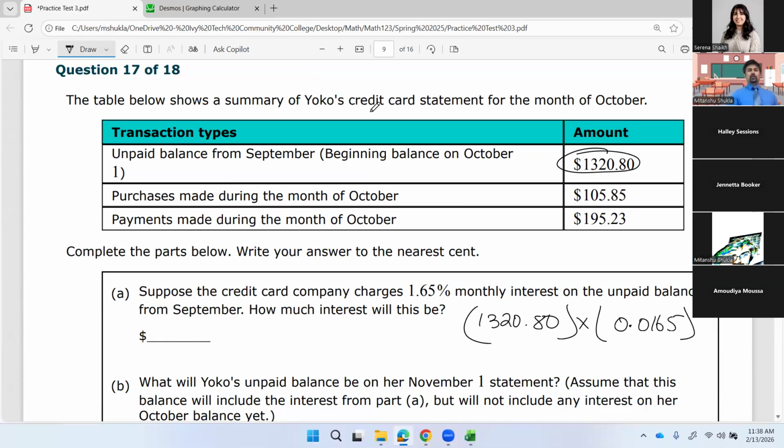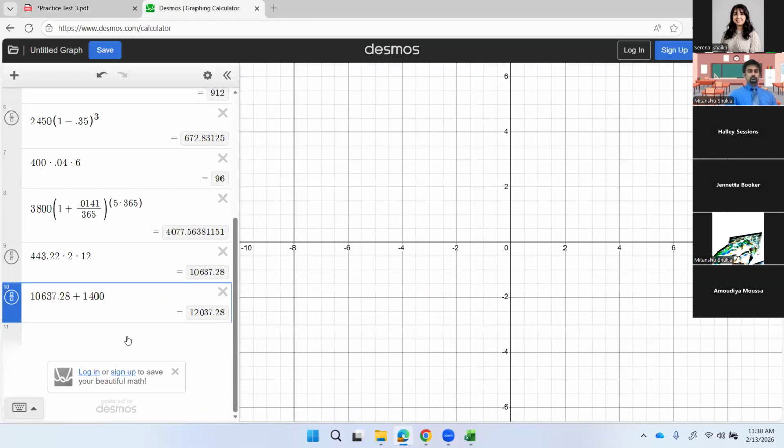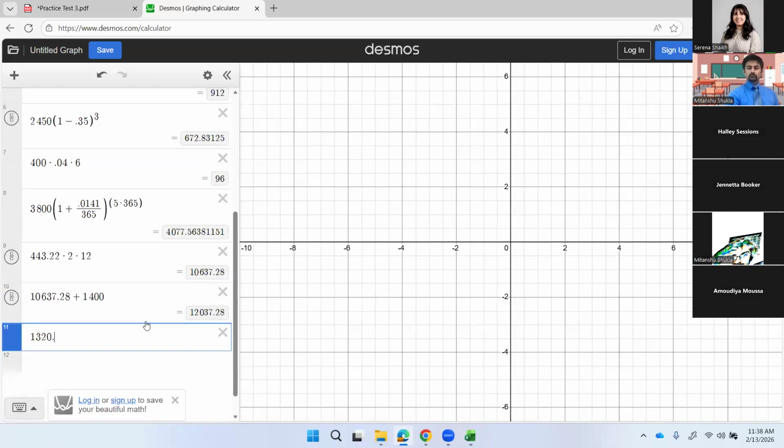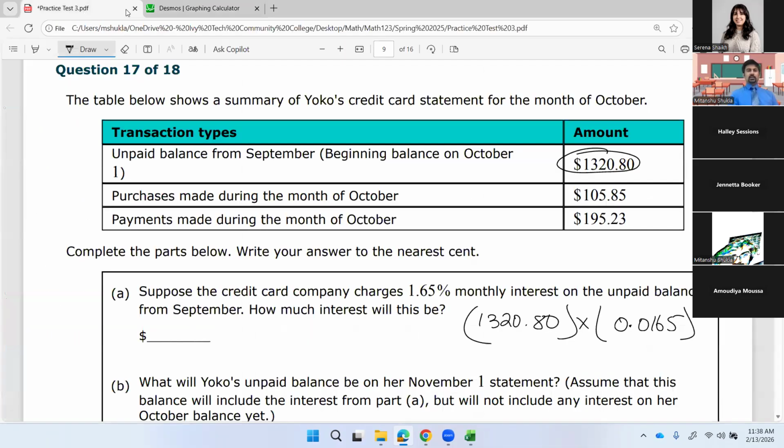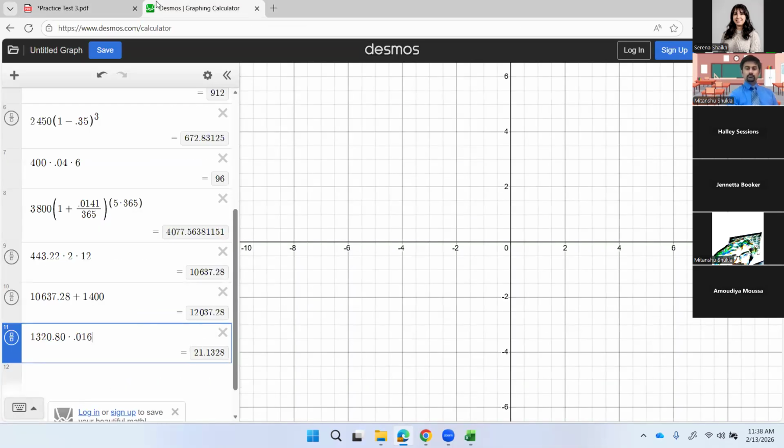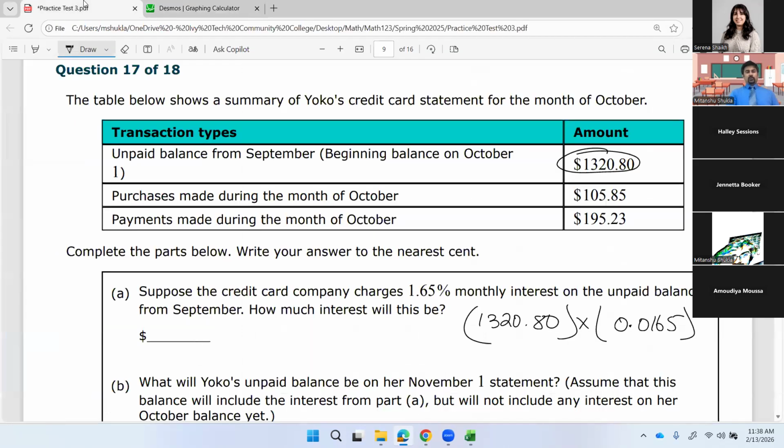So 1320.80 times 0.0165. And I get 21.79. So how much money is there in interest? 21 dollars and 79 cents. Okay.